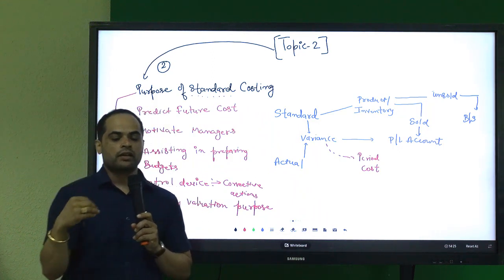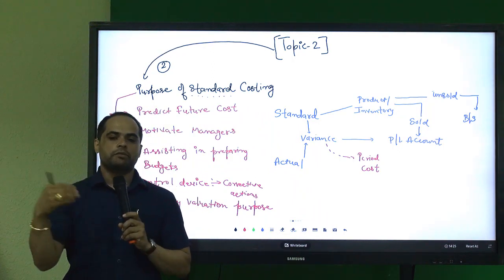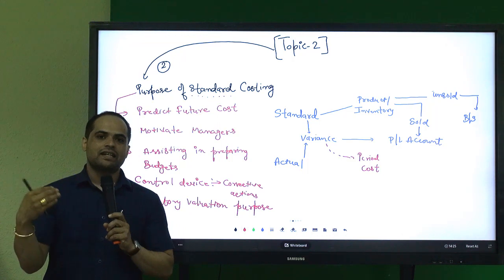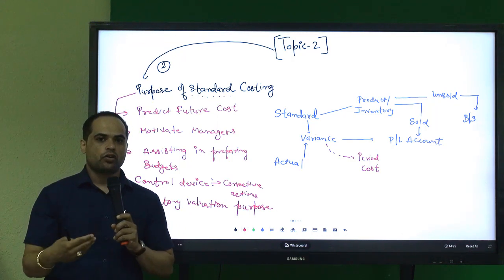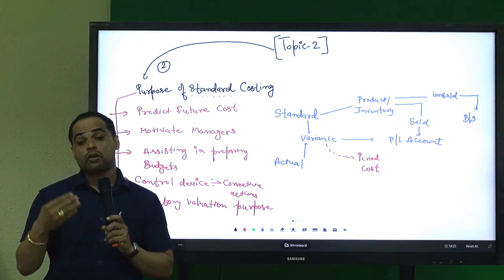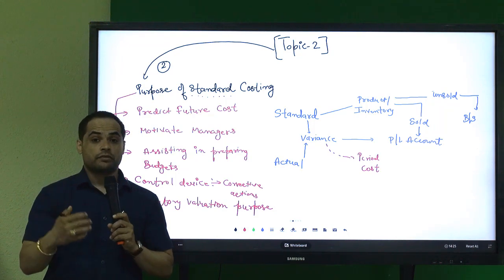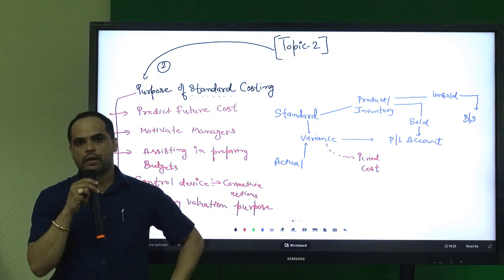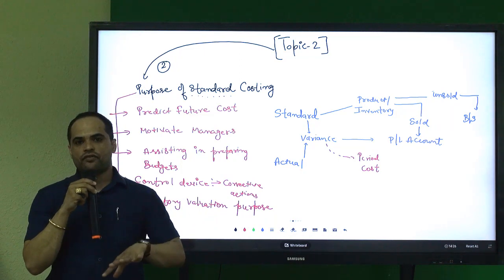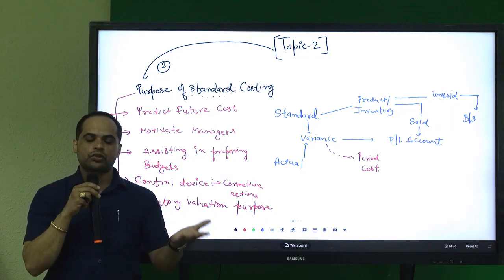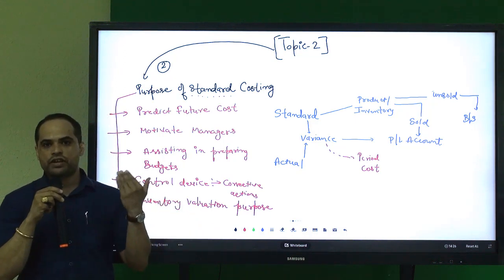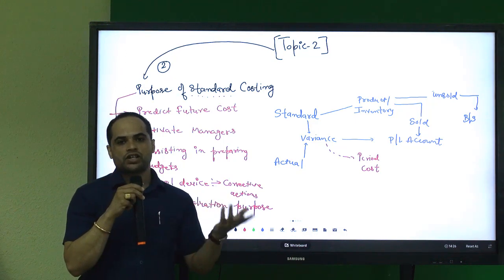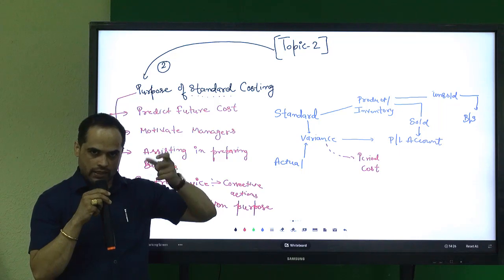When we are preparing our income statement, we have material, labor, and overheads. Material and labor are direct costs that are easily determined. However, overhead is not easily determined, so we make a standard for the overheads, for example. At the end of the period, we come to know that whatever standard we determined, we did not achieve it. So the difference is the variance.